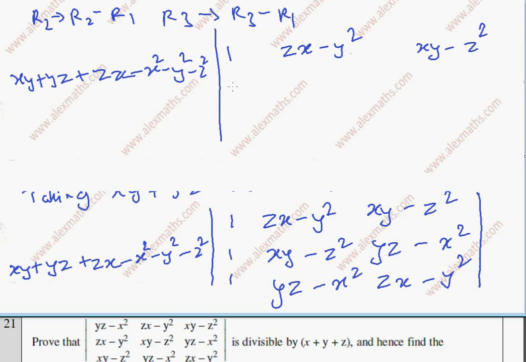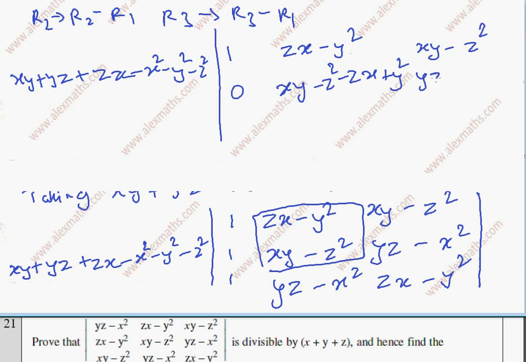R2 is R2 minus R1, so this will become 0. Now when I subtract these two, it will become xy minus z square minus zx plus y square. In the same way, yz minus x square minus xy plus z square. Again here 0, then R3 minus R1.